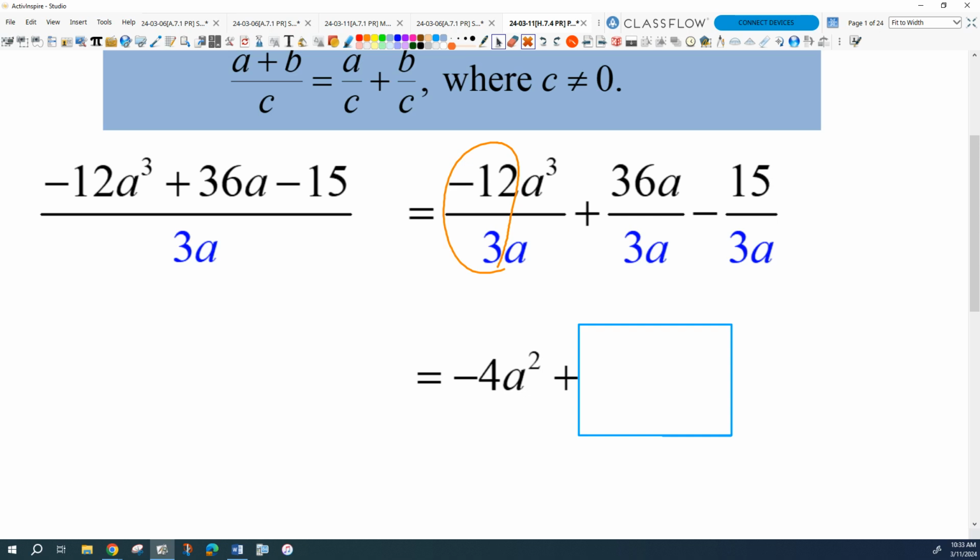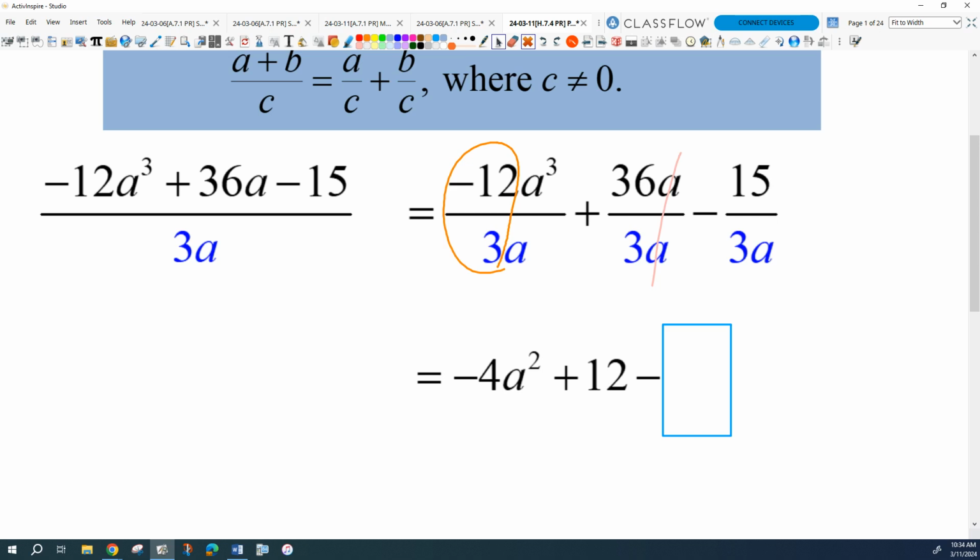How about the next one? What's this simplify to? 12. Yeah, 12. Look, the a's just cancel, don't they? And I just get 36 over 3, which is 12. And in this last one, what do the numbers simplify to? 5. Okay, minus 5.